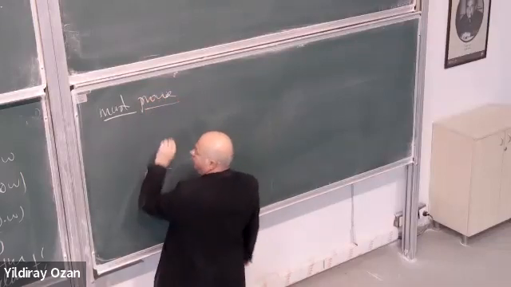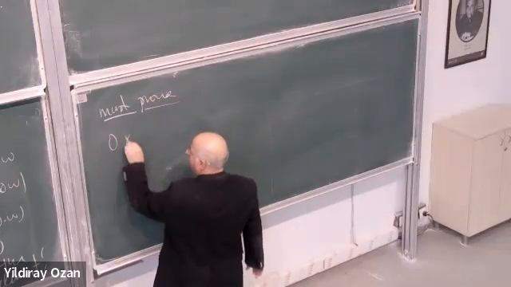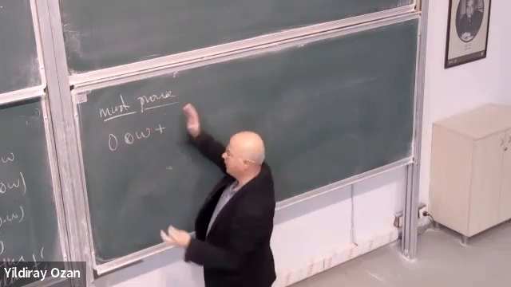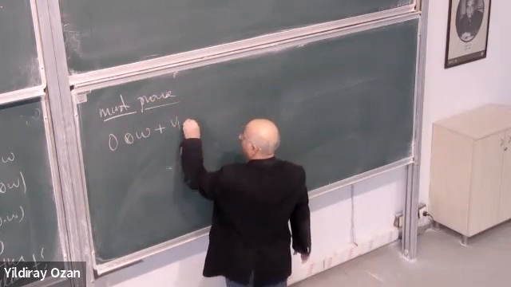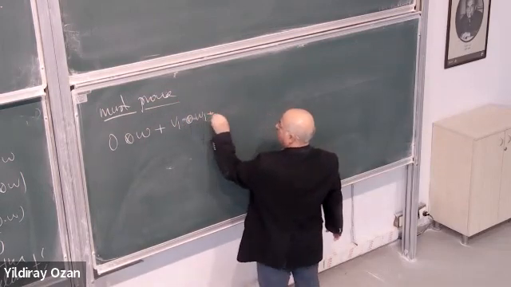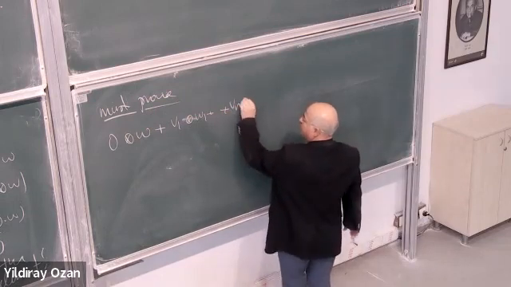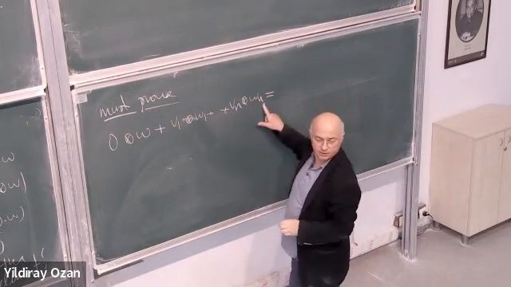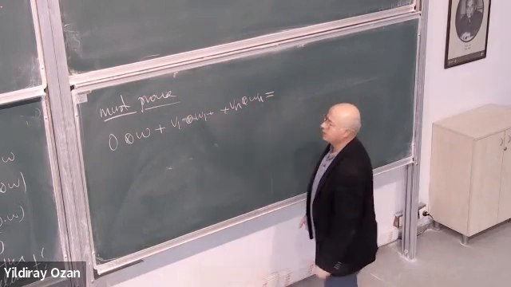If this is the zero element, zero tensor W added to any gadget V1 tensor W1, up to Vn tensor Wn should be just this gadget. Why is that?